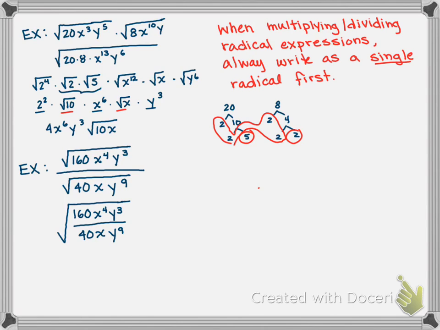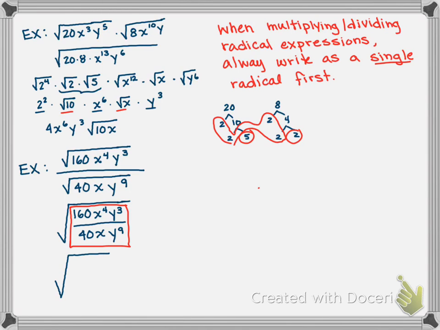Now what I want to do is simplify that fraction. This has nothing to do with the square root at this point. I'm looking at just this, and that's similar to an expression that we simplified on Monday with our exponent rules. So all I'm going to do is cancel common factors here. We still have our square root because we haven't done anything as far as taking the square root of anything.